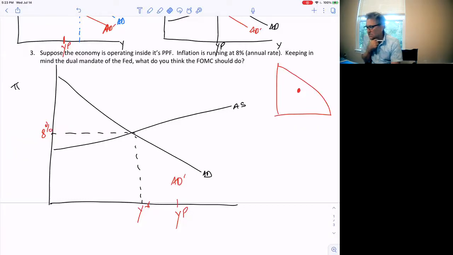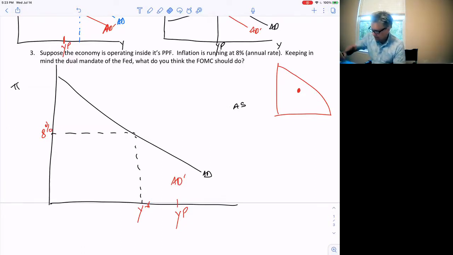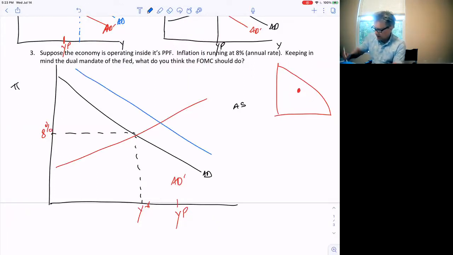But suppose they decide to do something about the unemployment, since we're inside the PPF, and increase the money supply, which will lower interest rates, increasing aggregate demand. If they increase aggregate demand, they can move us back closer to potential, but the inflation is going to get worse.